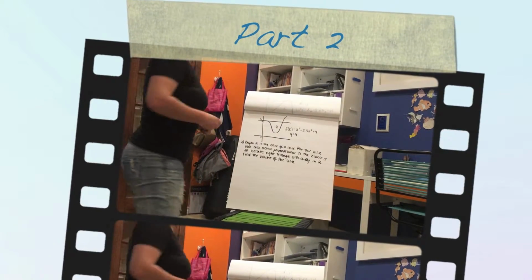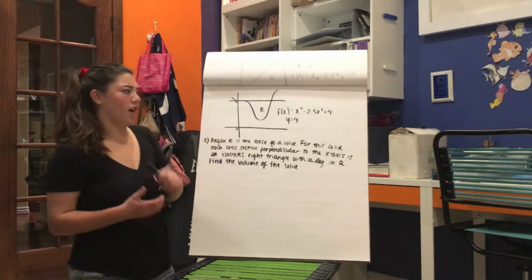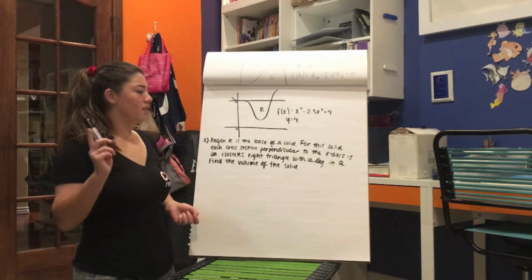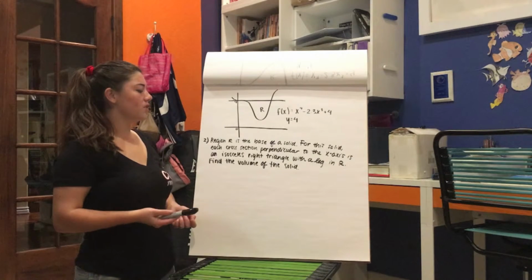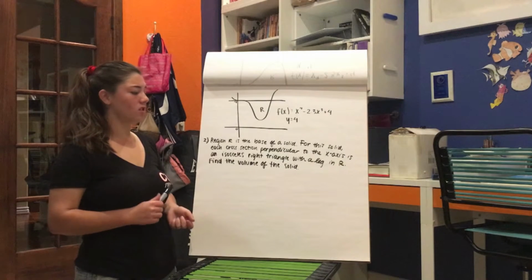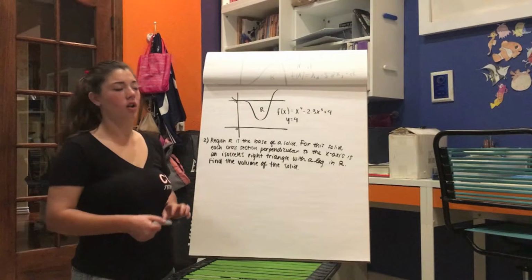Okay, so now here's question 2, and I showed the graph again if that helps. The question asks, region R is the base of a solid. For this solid, each cross-section perpendicular to the x-axis is an isosceles right triangle with a leg in R. Find the volume of the solid.